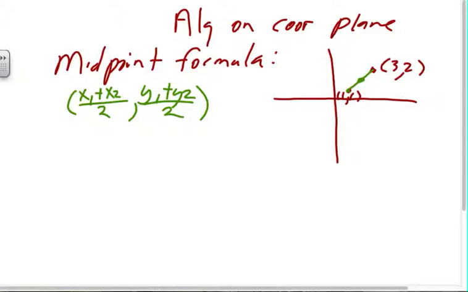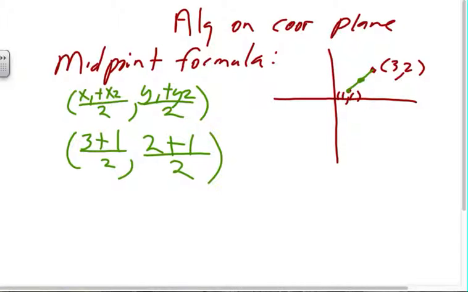I'm going to have (3 plus 1) over 2, and then (2 plus 1) over 2, where this is x1, y1, x2, y2. So 3 plus 1 is 4, divided by 2 gives me 2. 2 plus 1 is 3, divided by 2, I get 3 halves, or 1.5. And that is the midpoint formula.